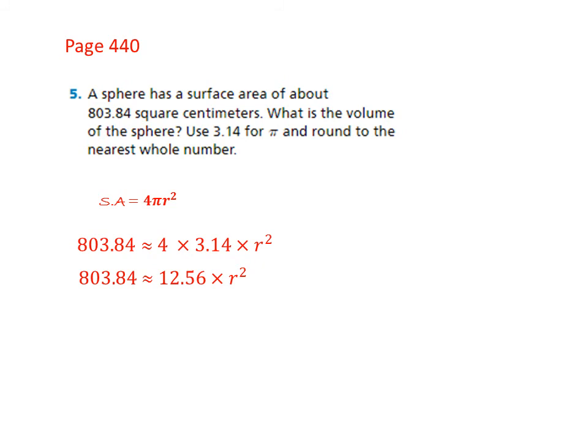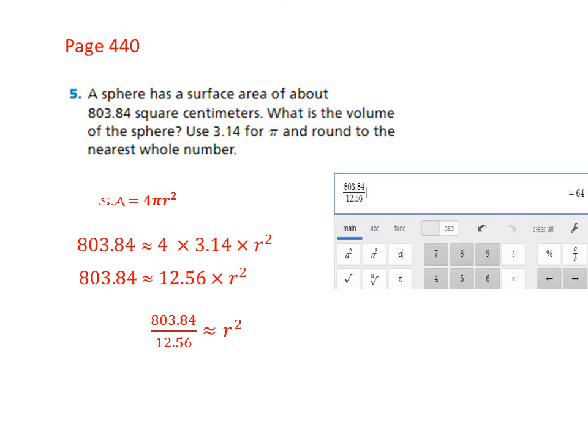Divide by 12.56. So r squared equals 803.84 divided by 12.56. Divide now. The answer is 64. So r squared equals 64. So use the positive square root to find r. So of course r equals 8 because 8 times 8, or 8 squared, is 64.